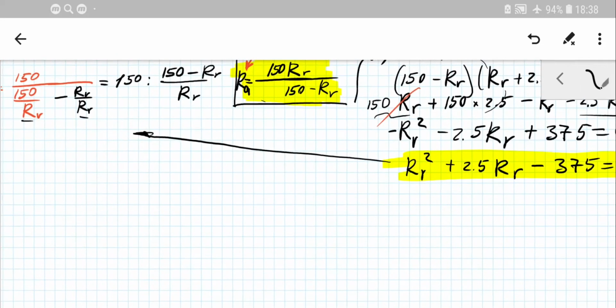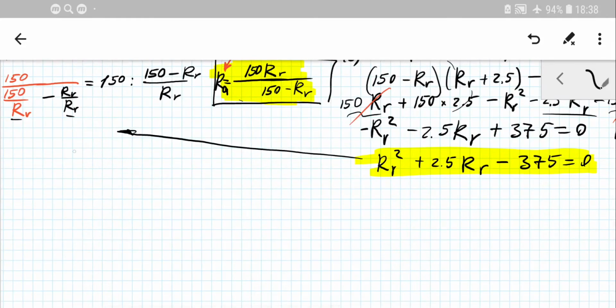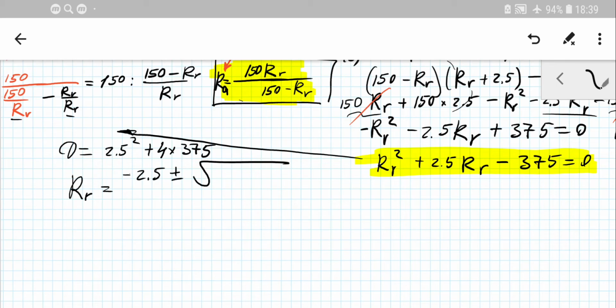Okay, so let's calculate. That's a quadratic equation, so I'm using the discriminant first. Discriminant is 2.5 squared plus, because it's minus 4ac, so plus 4 times 375. And next I'm going to find Rebecca rate as minus 2.5, that's minus b, plus or minus the square root of the discriminant, over 2a.